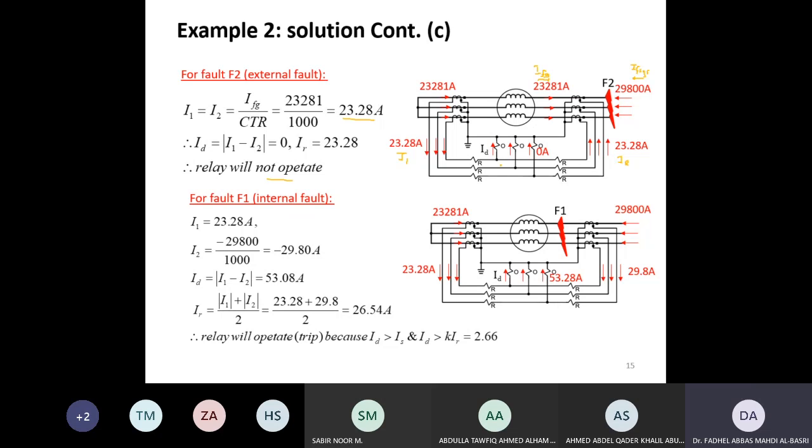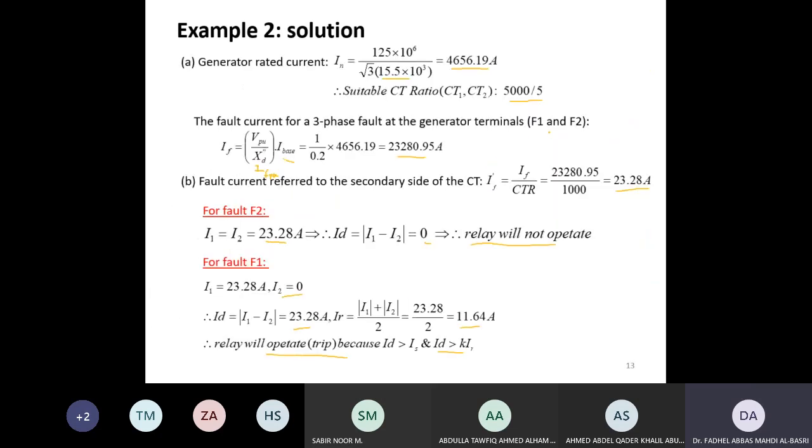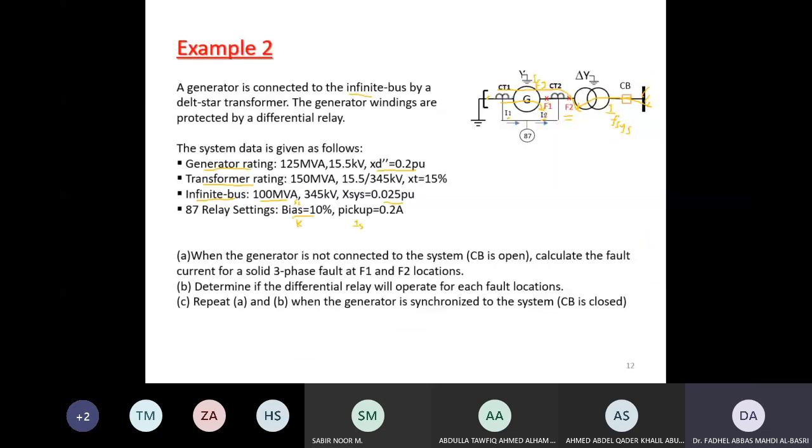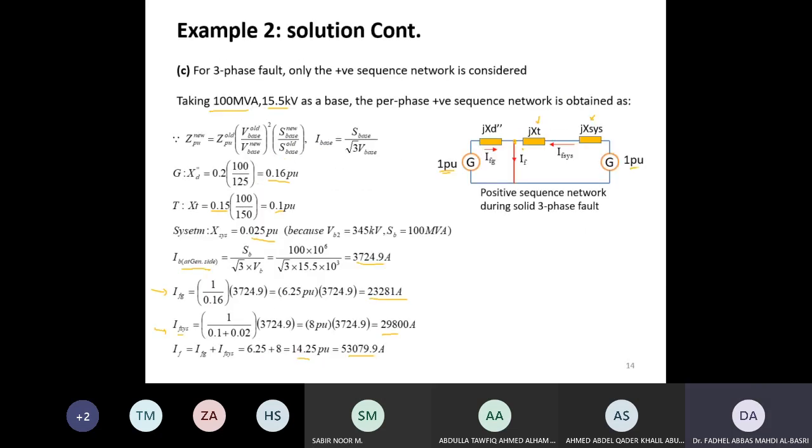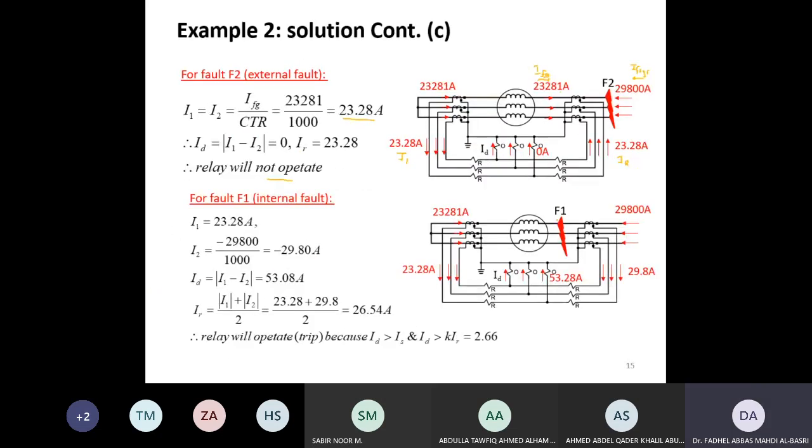And in case of fault at F1 here, I have a fault current coming in CT2 due to I fault system, so that's the fault inside. So I have current here as fault system. But CT1 will have I fault from the generator side.